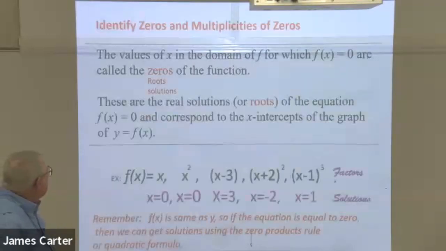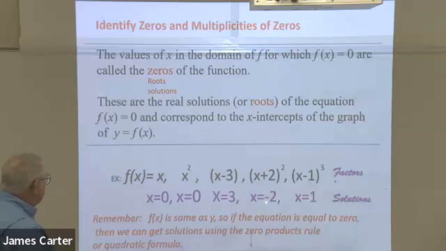Okay, now, this factor, if you just got an x, it'll be 0. Well, 0 squared is still 0. If you got an x minus 3, you'll get x equals 3. And we talked about going from factor to solution, solution to factor before.